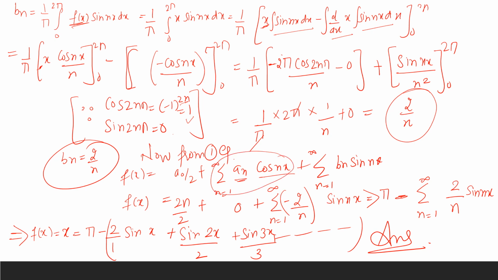Then we put the bn value, that is -2/n, so there is a minus. The answer will be π - summation n=1 to infinity 2/n sin nx. So π, and then putting values of n: 2/1 sin x + 2/2 sin 2x + 2/3 sin 3x, and so on. The answer of the series is this.